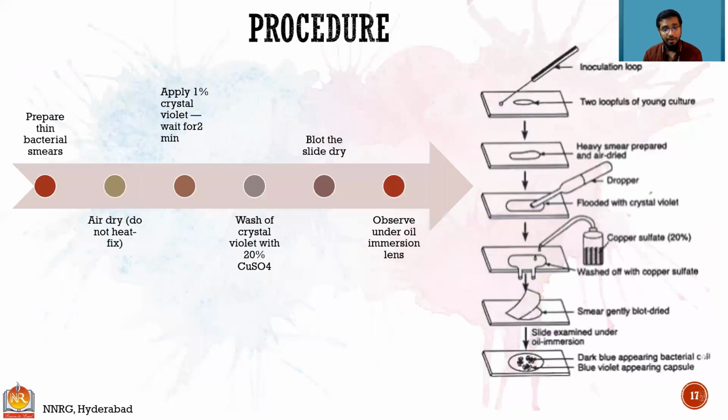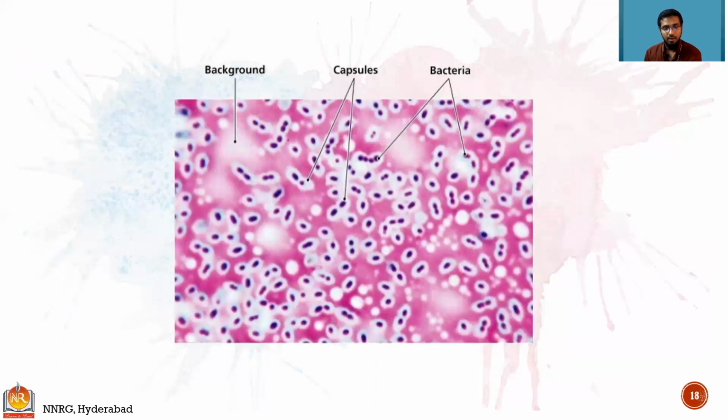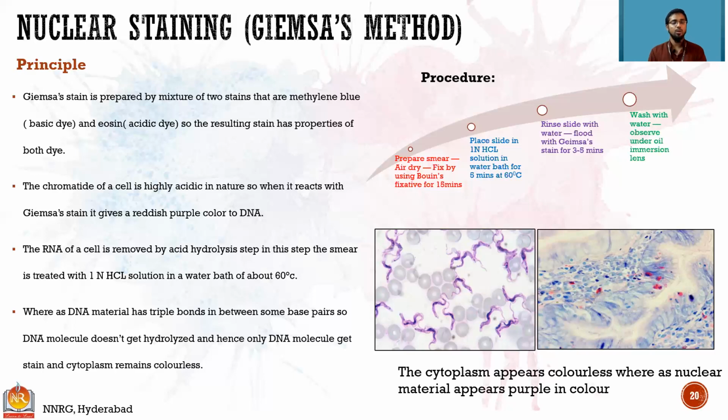Okay, we have also seen endospore staining, and then we have studied about the nuclear staining, where we were able to see the nuclear material being colored in purple color against light cytoplasmic background. Okay, this was with methods of staining and various techniques.